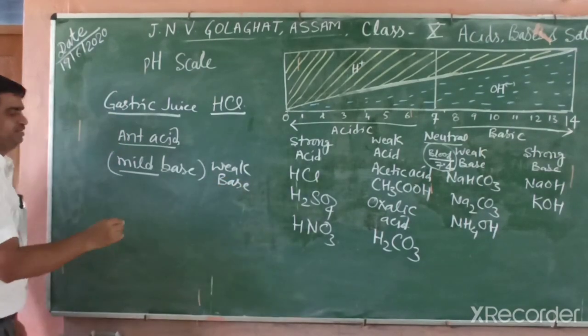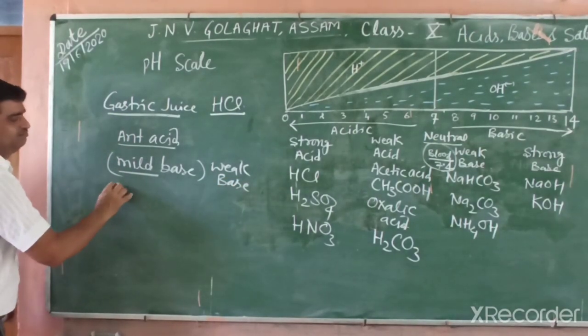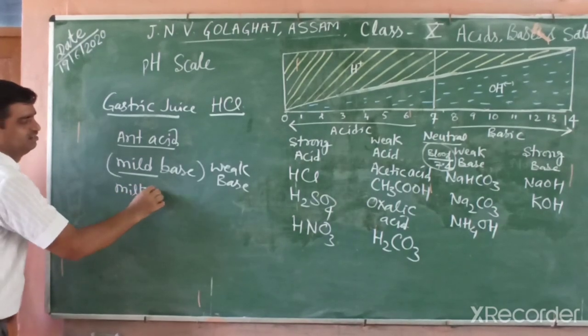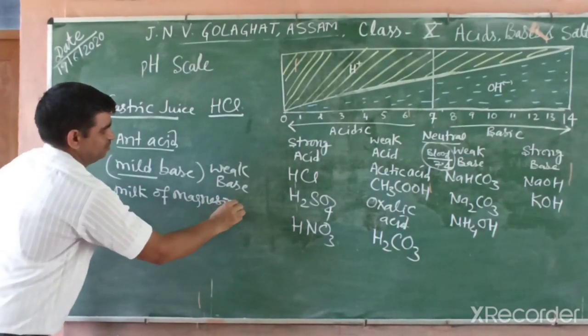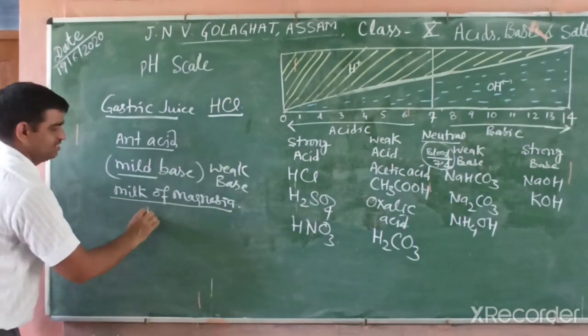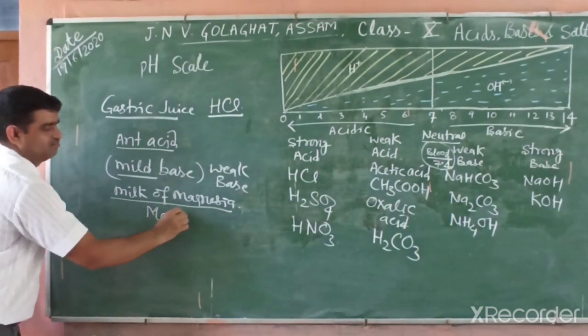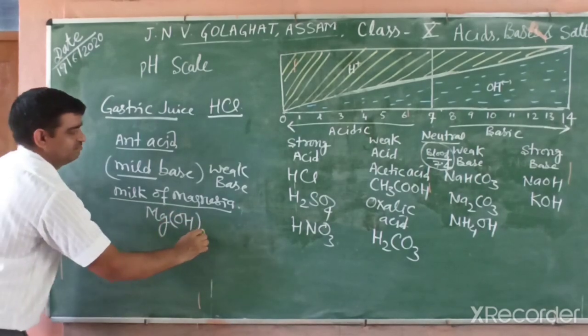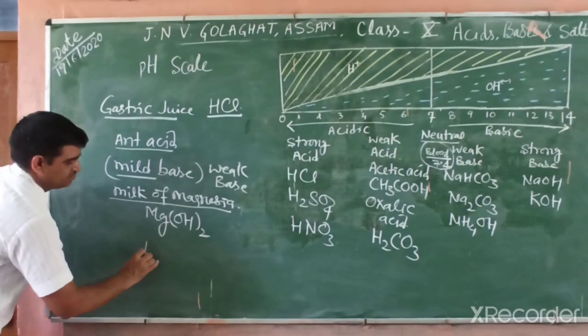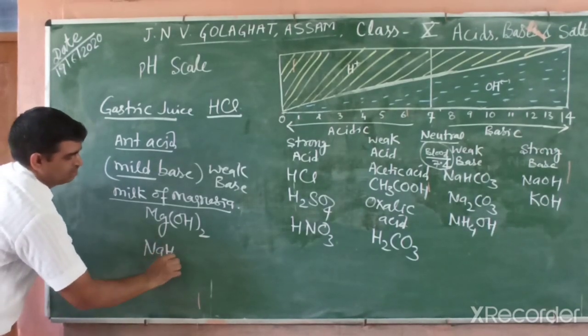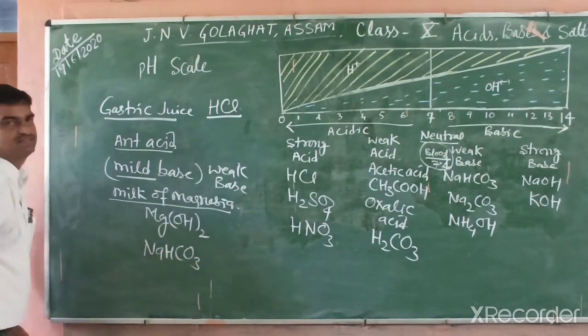For example, we use milk of magnesia. This is magnesium hydroxide, a mild base. Another base we use is baking soda, sodium hydrogen carbonate.